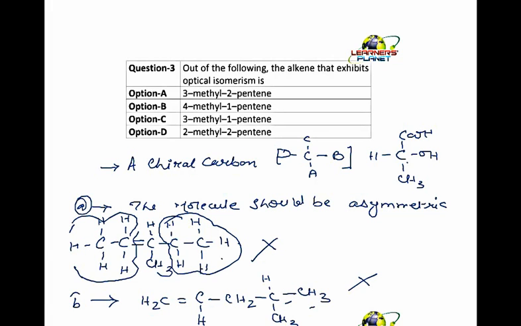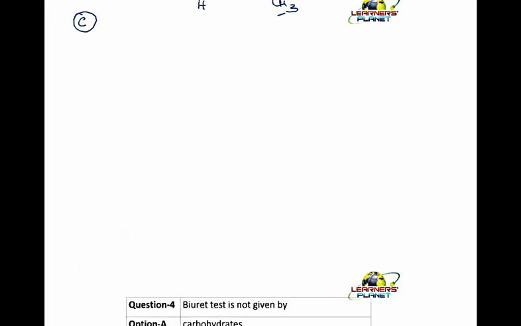Now we have got our third option. What is it? It is 3-methyl-1-pentene. So that is H2C double bond CH, CH3, 3-methyl-1-pentene.